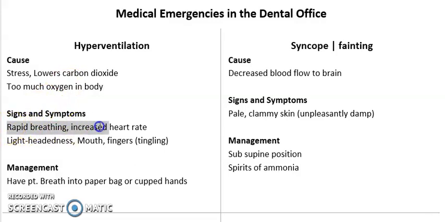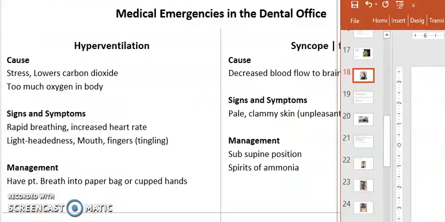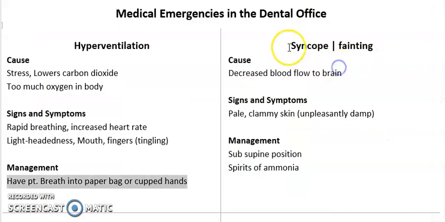The signs and symptoms are a lot of rapid breathing, increased heart rate, lightness, mouth and finger tingling, or lightheadedness. For management, we will just give the patient a paper bag to breathe in, or cupped hands, so we can get the carbon dioxide levels back to normal.